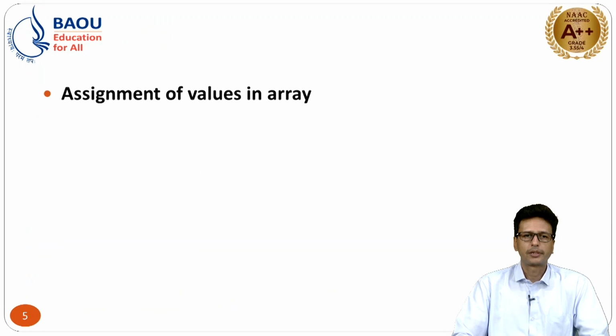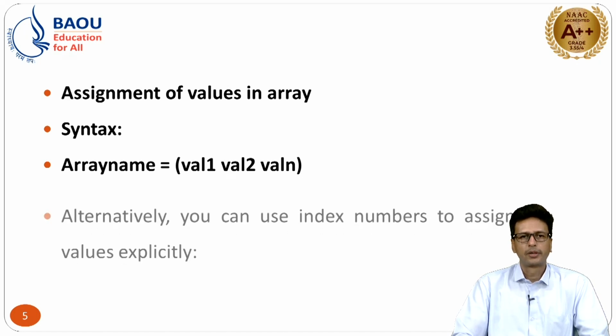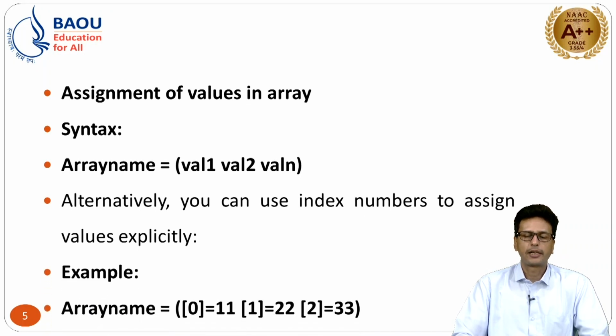Now you can see assignment of values in the array, how you can assign values to a particular array. Array name, then the equal to sign, as we have already discussed, that is one of the declaration methods. Then in parentheses you define different values, separated with space. Alternatively, you can define like this: array name equal to, in parentheses, multiple index values you have to assign.